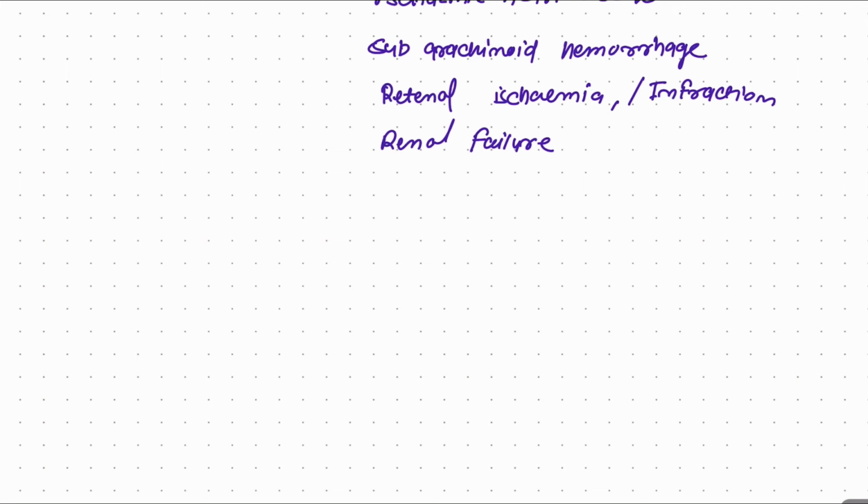We can see ischemia and infarction in the eye. Renal failure also occurs in hypertension because the renal system is a major organ for the regulation of blood pressure. So with any alteration in blood pressure, the kidney is working. When the kidneys work more and release hormones and other vasoactive substances, it damages the kidney also.